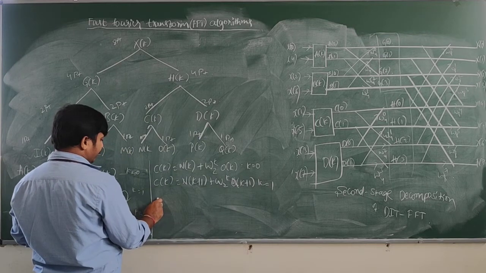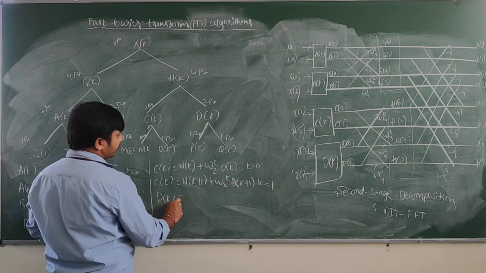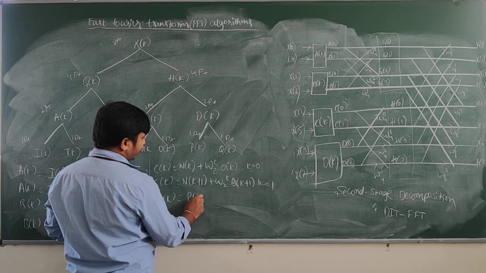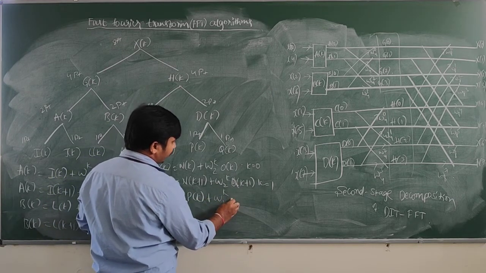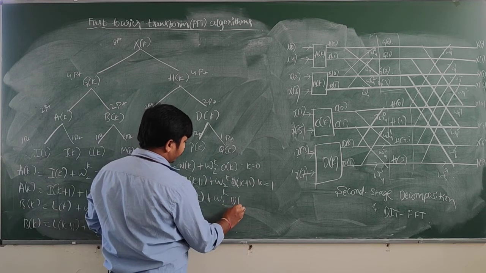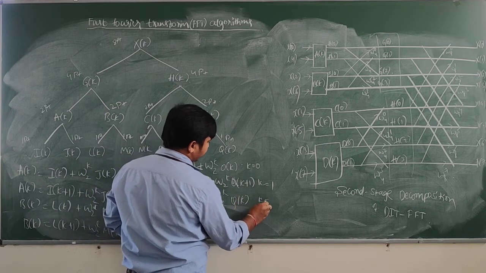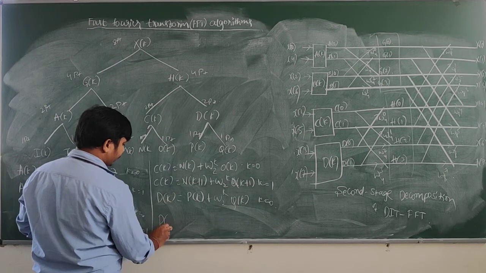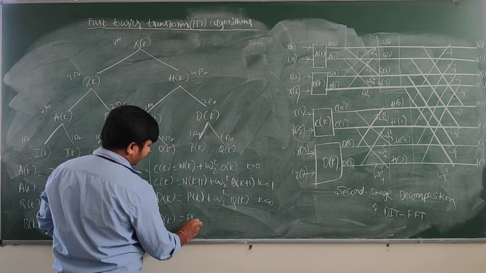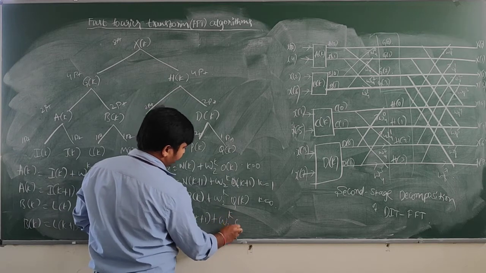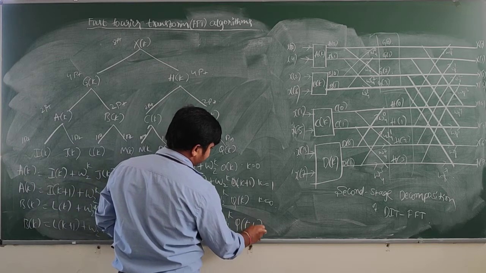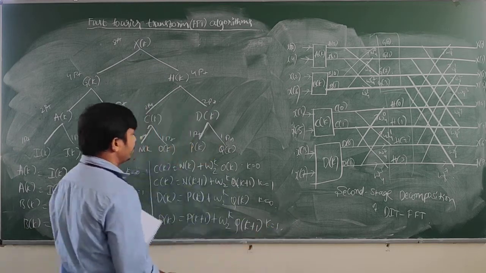So next, d of k is equal to p of k plus w2 power k into q of k for k is equal to 0, and d of k is equal to p of k plus 1 plus w2 power k into q of k plus 1 for k is equal to 1.